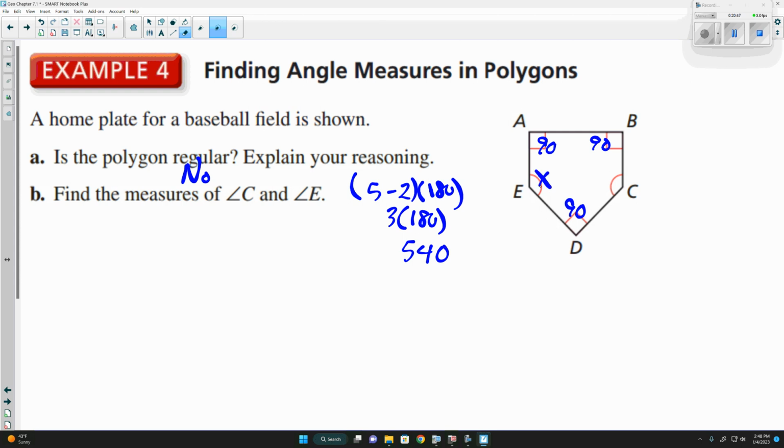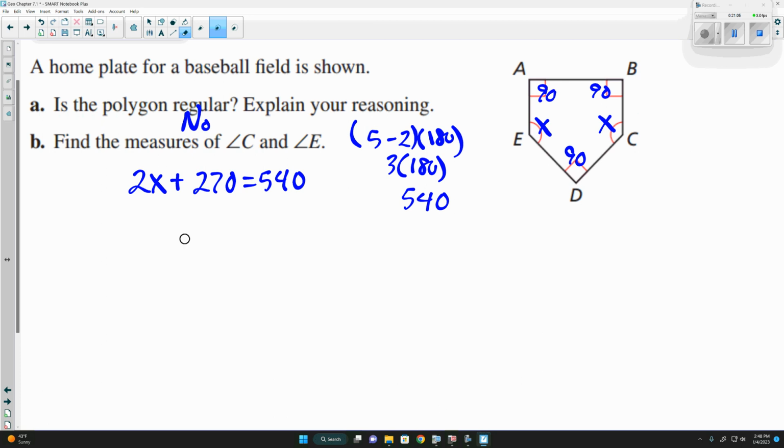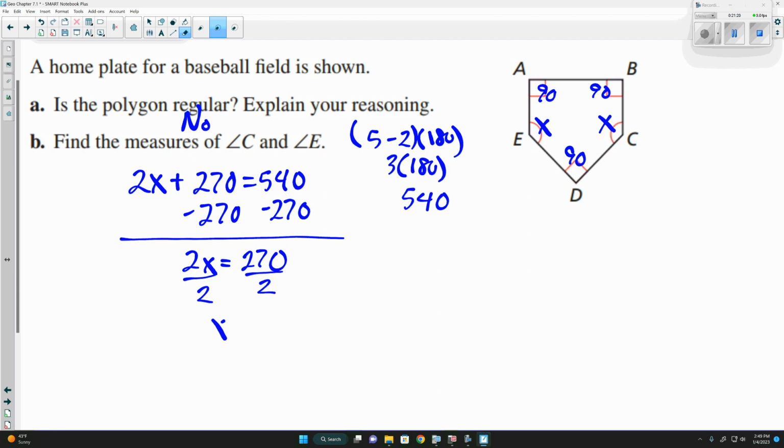They are the same, yes? X plus X is 2X. 90 plus 90 is 180, plus 90 is 270. 540 minus 270 is 270, so 2X is 270.